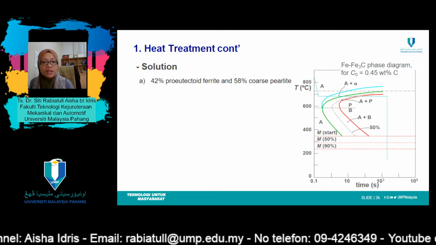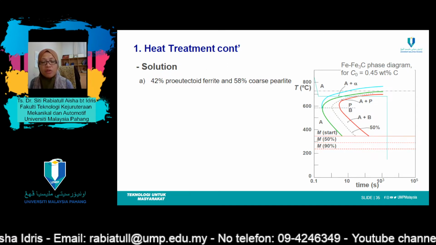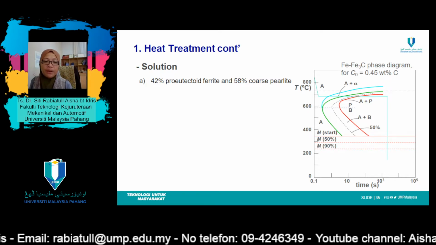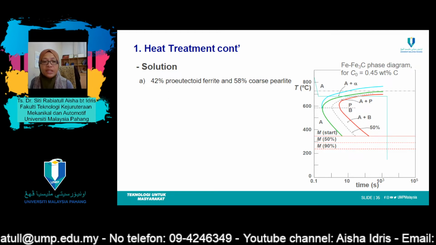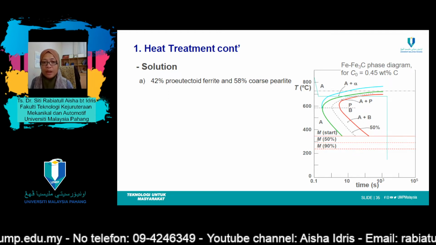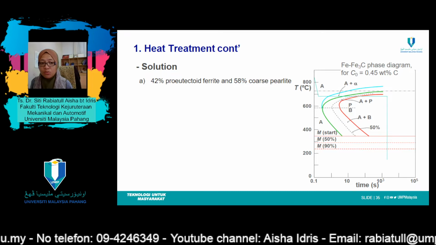The relative amounts of pro-eutectoid alpha and pearlite may be determined in a manner similar to that described in the previous lecture for primary and eutectic microconstituents.